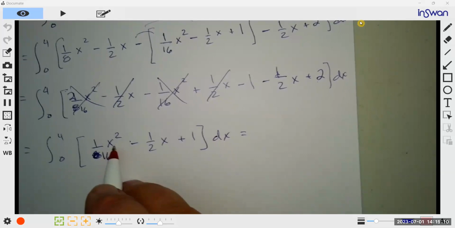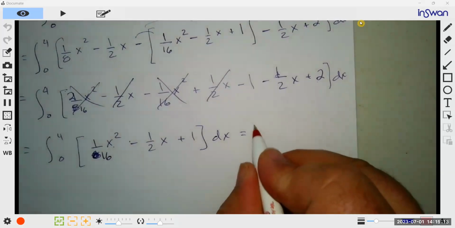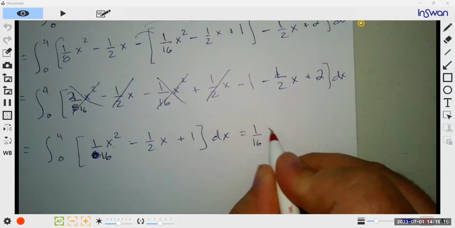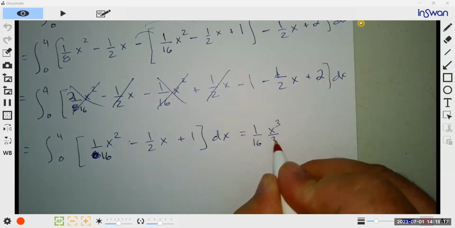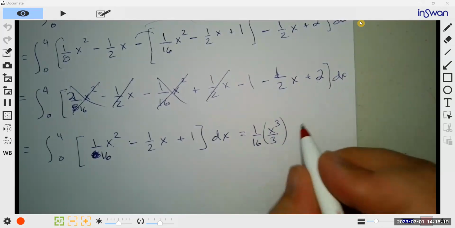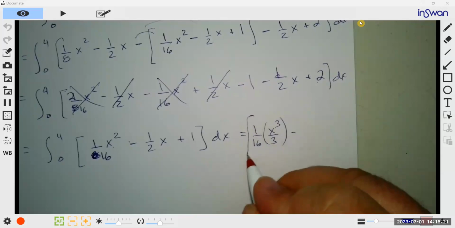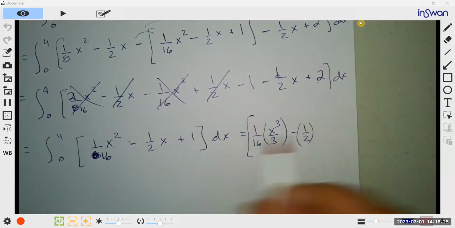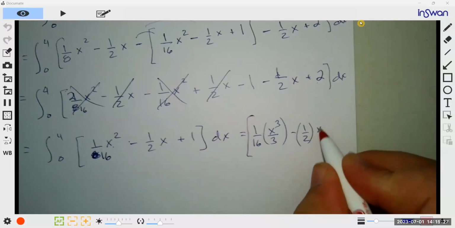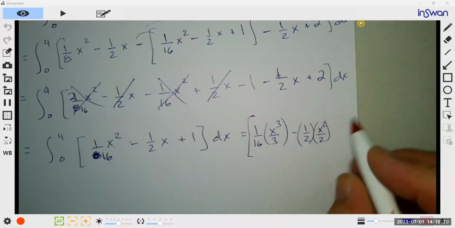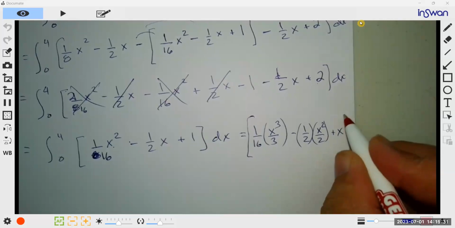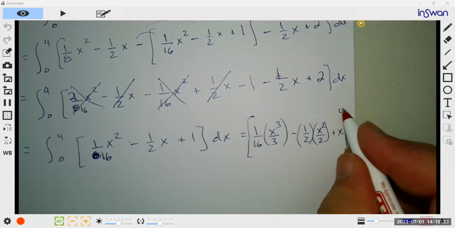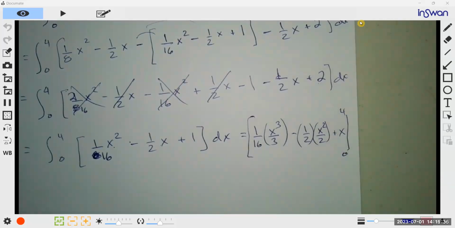So the integral of x squared is x cubed over 3. The integral of x is x squared over 2, plus x, from 0 to 4.